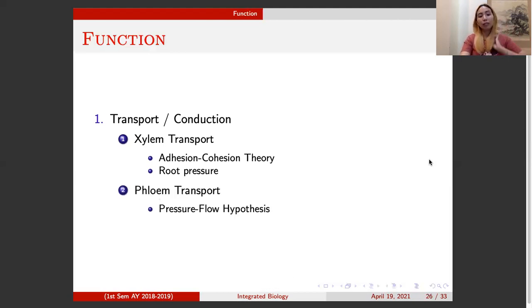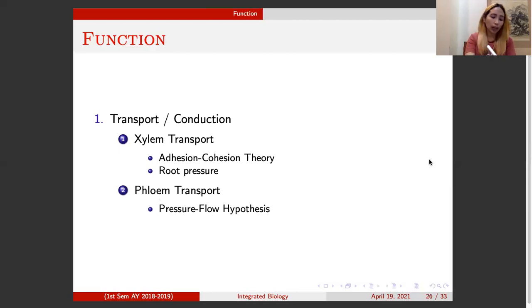This is guided naman by the pressure flow hypothesis. The pressure flow hypothesis is simple. Kaya siya naging pressure flow is because the flow of materials follows the gradient or pressure gradient. Okay?